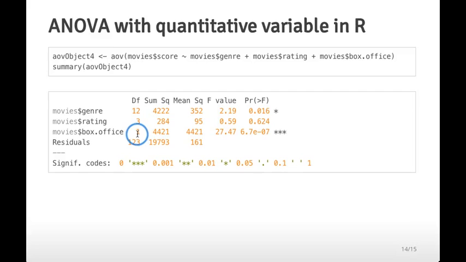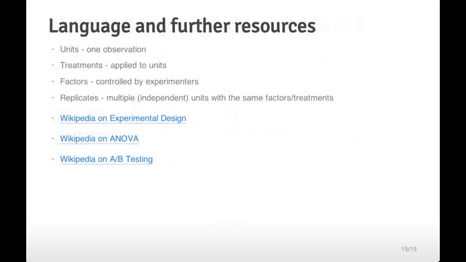And so we can use up less information to estimate it, but it means that the parameter that we have for box office is somewhat constrained. Unlike for genre or movie rating, where the difference between a G and a PG movie could be totally different than a PG and a PG-13 movie, and that's why you would see more degrees of freedom being used for the parameter estimates, but you allow for more flexibility.